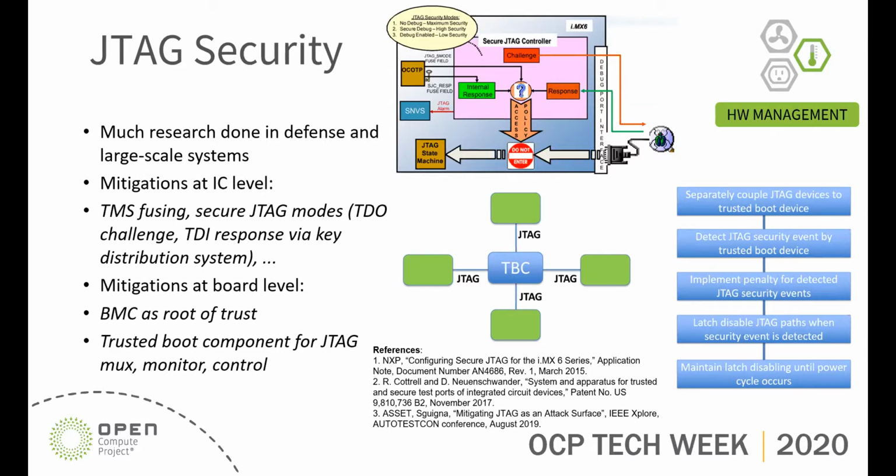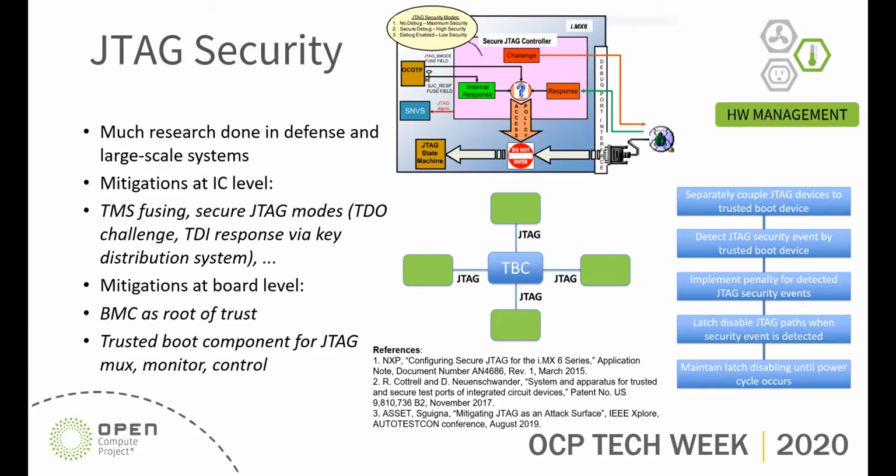Mitigations happen at two levels, one at the chip level or the IC level, and that's accomplished either by fusing off TMS and locking JTAG down entirely, or as expressed by the NXP document that's part of the references, down below that diagram at the top.